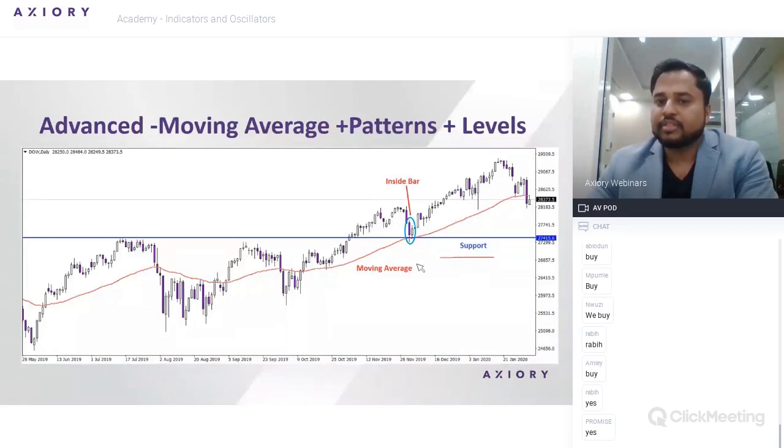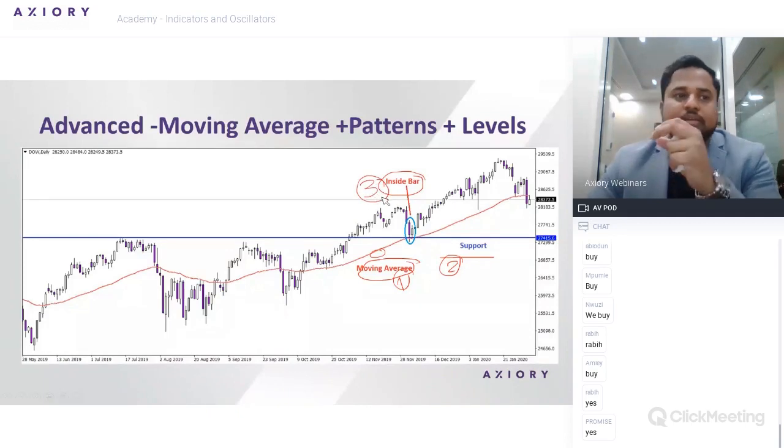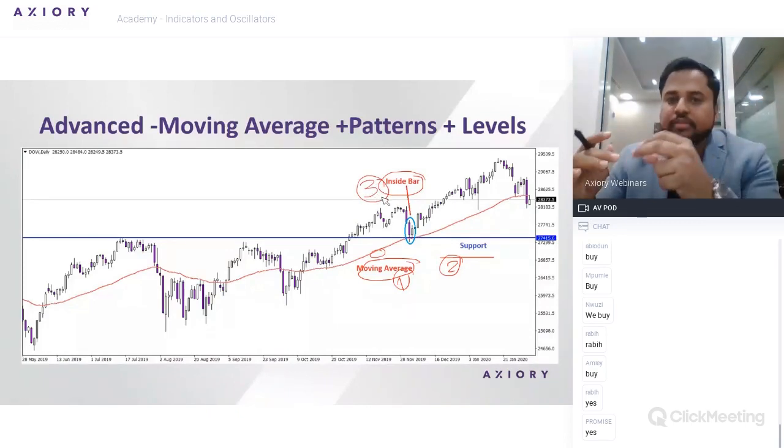Then the moving average is here, this one. Then you got an inside bar here. So 1, 2, 3. When the three parameters match, you get an opportunity.